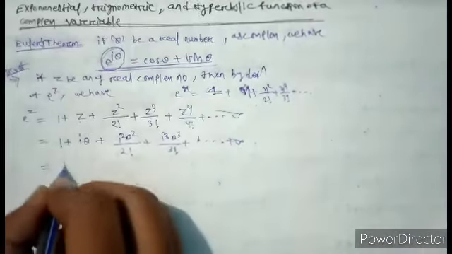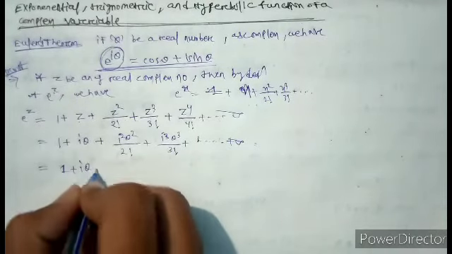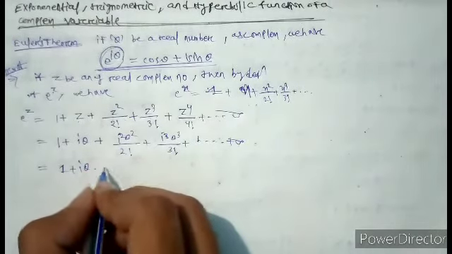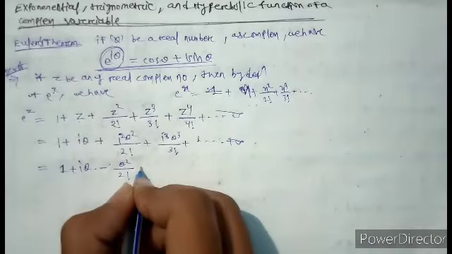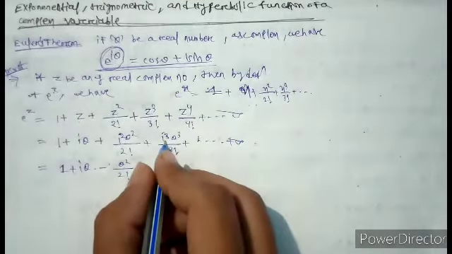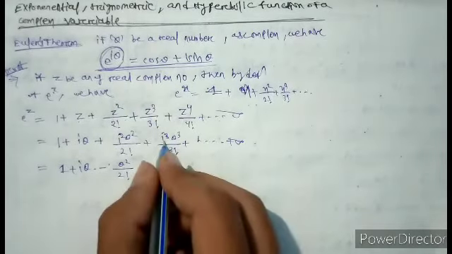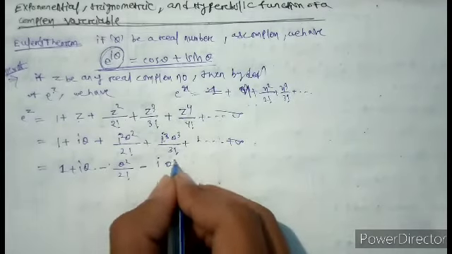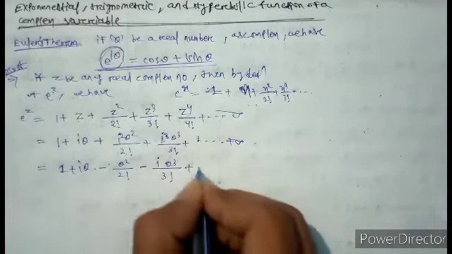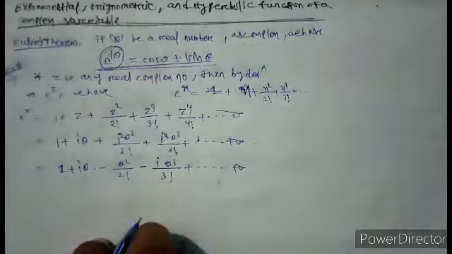So here we can write 1 plus i theta. We know that the value of i square is equal to minus 1, so minus theta square upon 2 factorial plus the value of i cube, that is minus i theta cube upon 3 factorial plus up to infinity.